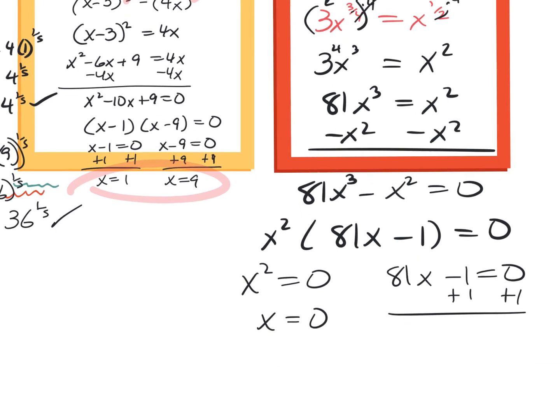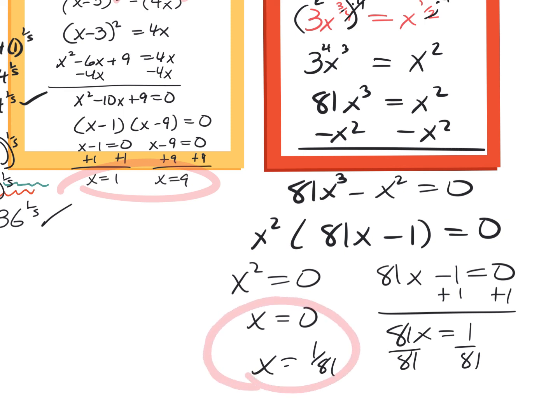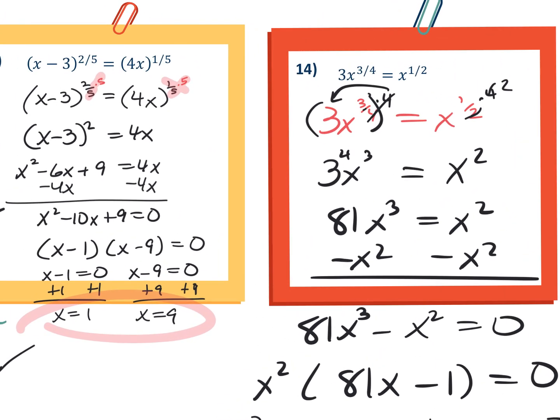Here, you get 81x equals 1, divide by 81, and x equals 1 over 81. I'm going to go ahead and plug them both in. They both will work. You're raising both sides of the equation to the 4th power. Could you have raised it to the 2nd power?